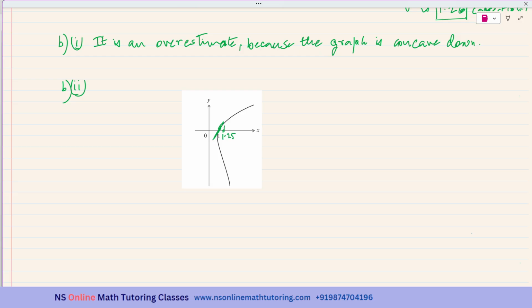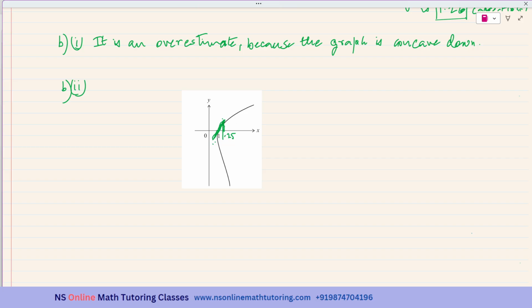So we will be taking the point which is on the tangent. The tangent is moving this way. So if we have to get the point which is having its x coordinate at 1.25, I have to go above the x-axis. I cannot come below the x-axis.